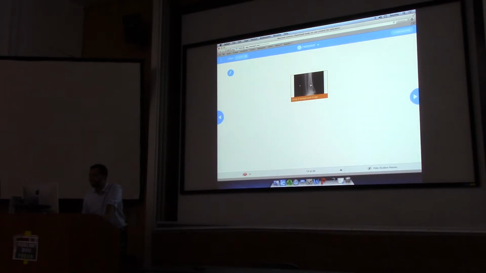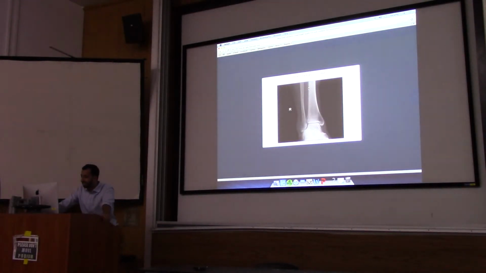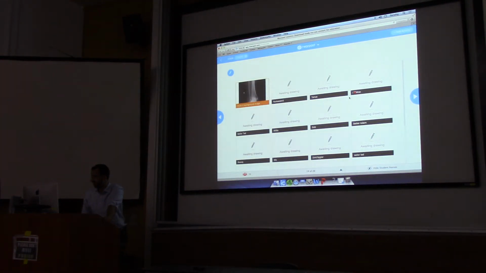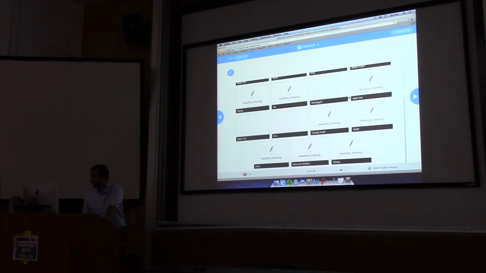Next image. Where's the fracture here? Give you guys some time to draw.